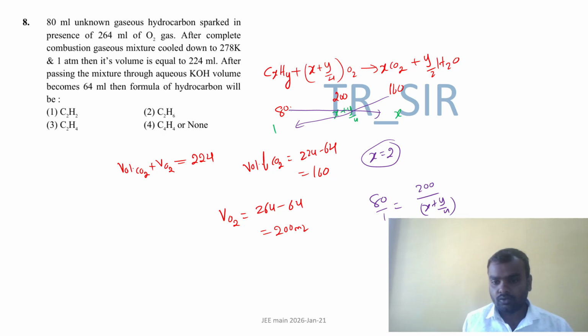Now, x is 2, so 2 plus y by 4 is equal to 2.5. Then y is equal to 4 into 0.5, that means 2 is the answer.